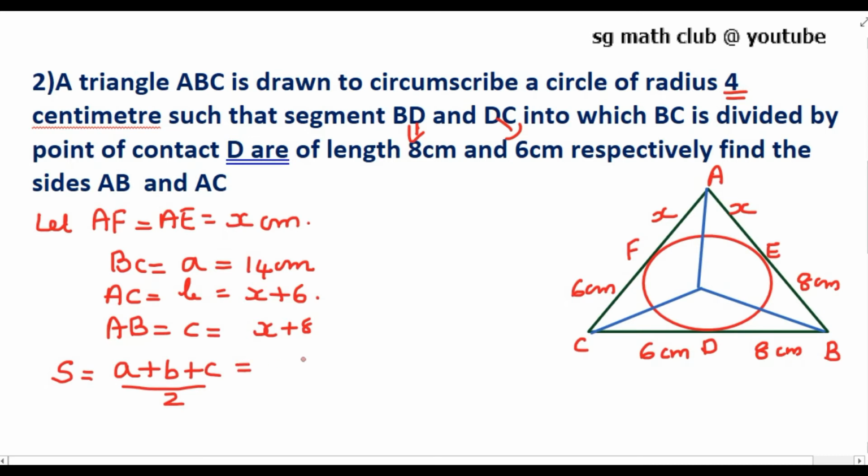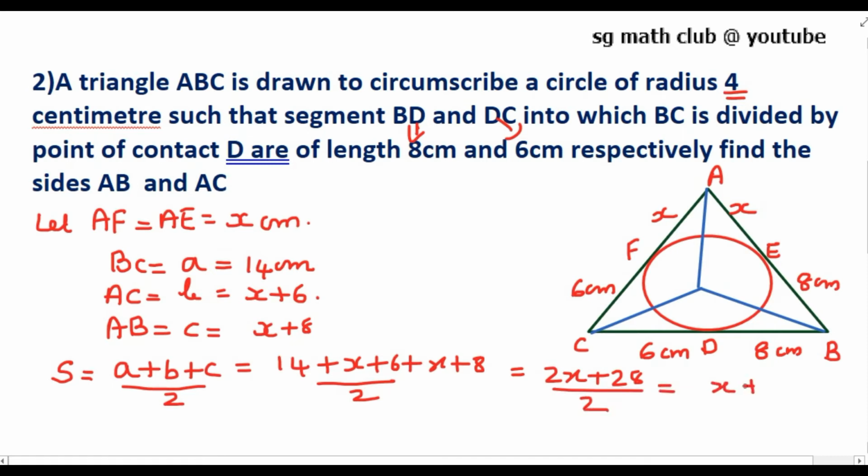So s is equal to 14 plus x plus 6 plus x plus 8 divided by 2. 14 plus 6 plus 8 is equal to 28, so I have 2x plus 28 divided by 2. If I take 2 outside, it is x plus 14. So my semi-perimeter is x plus 14.